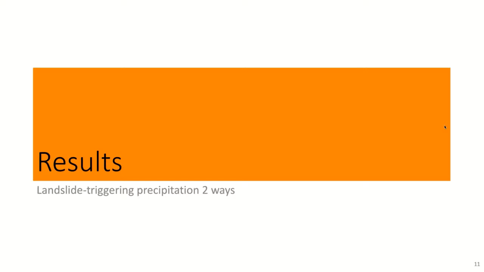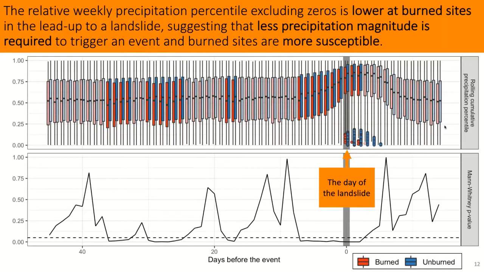And so moving on to the results, I'm going to start out with the precipitation magnitude. This is the precipitation values that I was talking about in the previous slide, but I have excluded all of the zero precipitation days.